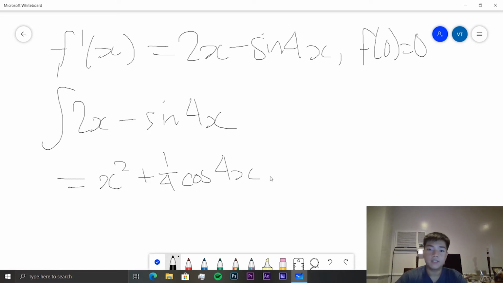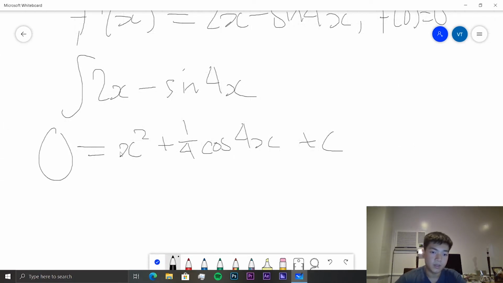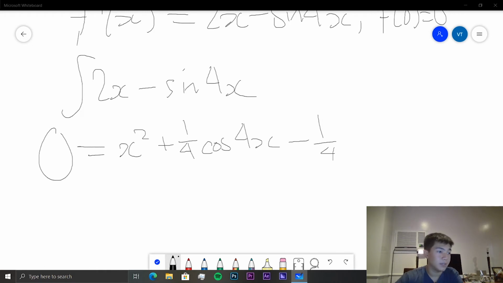And we know that f of 0 equals 0. So 0 is equal to 0 plus 1/4 plus c, so the c should be minus 1/4. So we have x squared plus 1/4 cosine 4x minus 1/4.